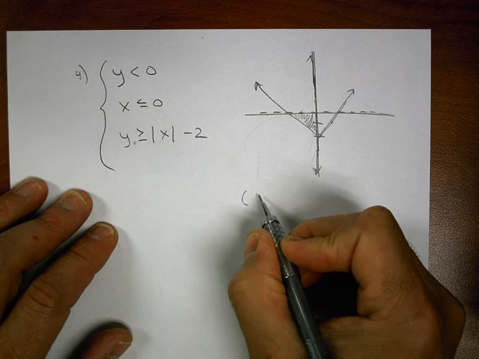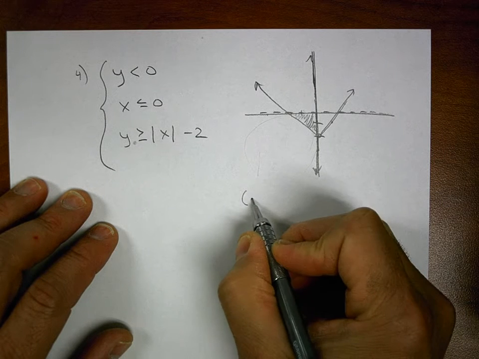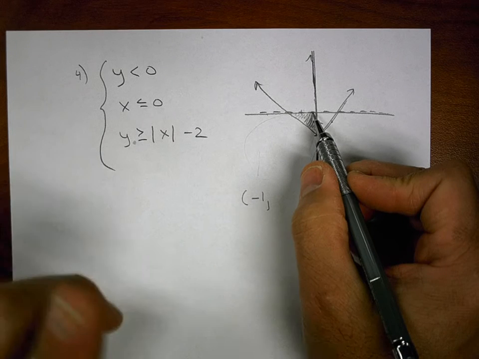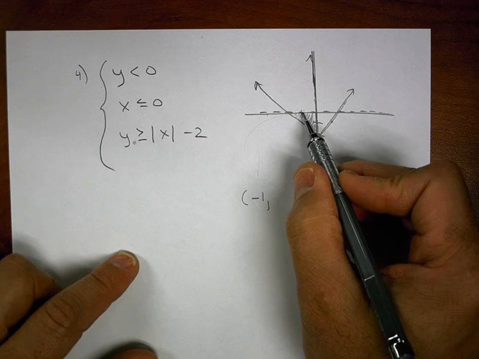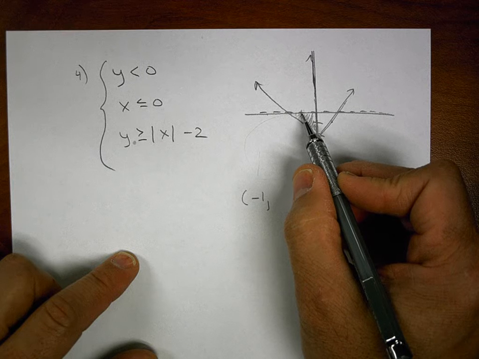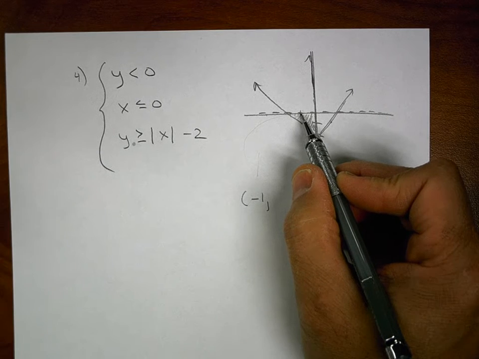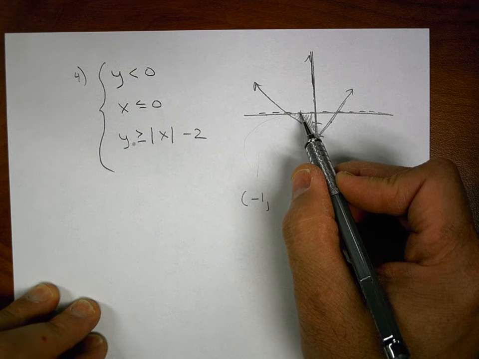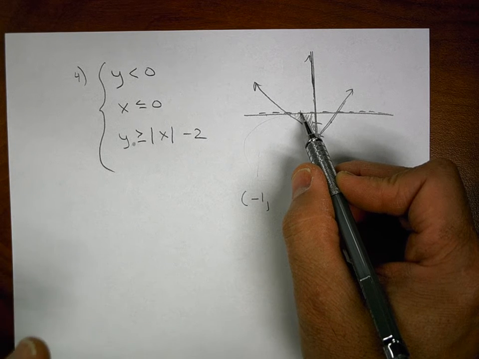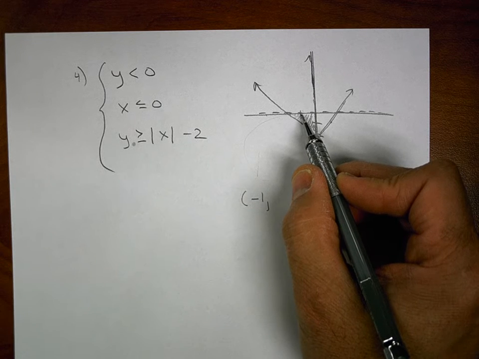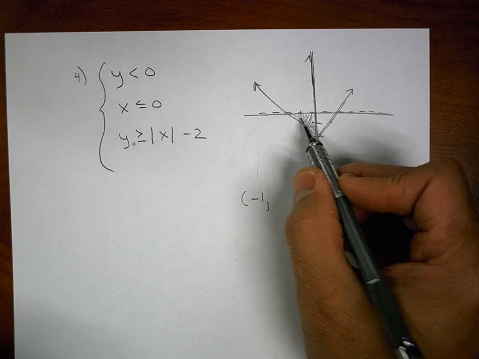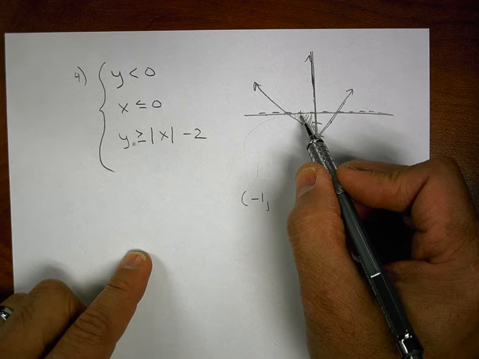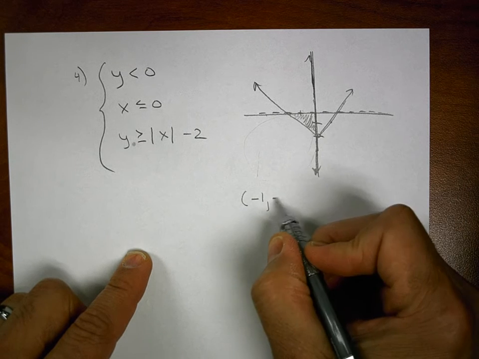Okay, so now we have to pick a point. Let's pick a point in there. Would -1, 0 be a solution? Hey, it's right there. Why would it not be a solution? It's close. But it's on a line, but what type of line? Dotted line. Okay, so that wouldn't be. So how about -1, -0.1?